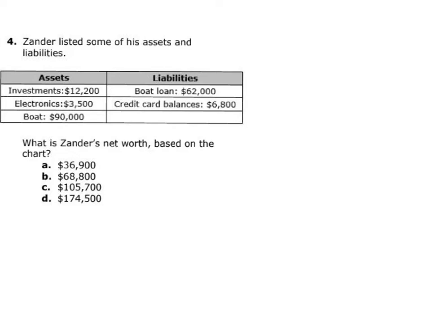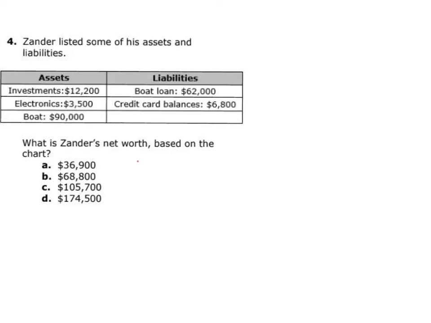Sander listed some of his assets and liabilities. What is Sander's net worth based on the chart above? In this case, you have investments, electronics and boats as your assets, and then a boat loan and credit card balance. So what we need to do is add up the assets and the liabilities. Let's start with the assets.